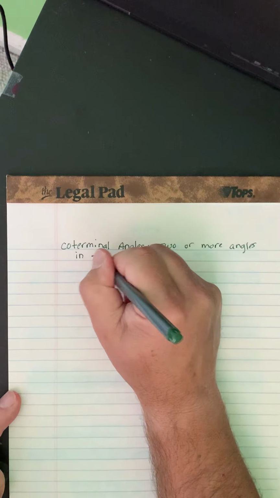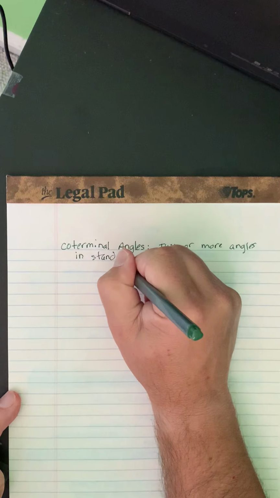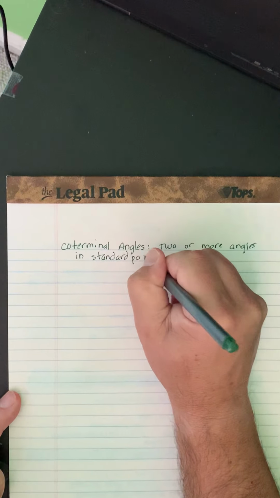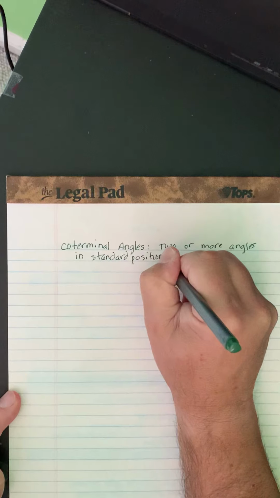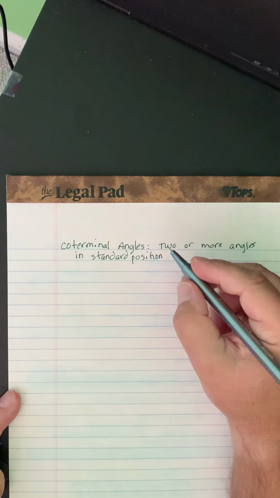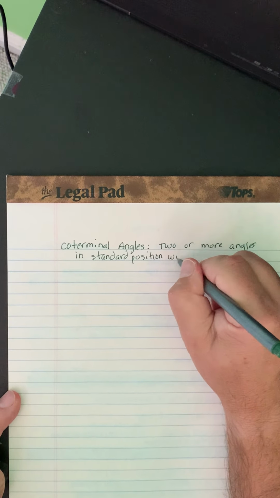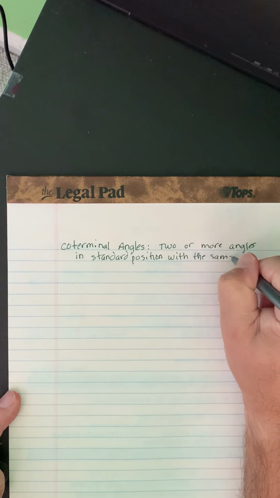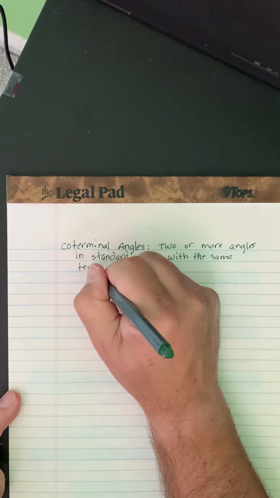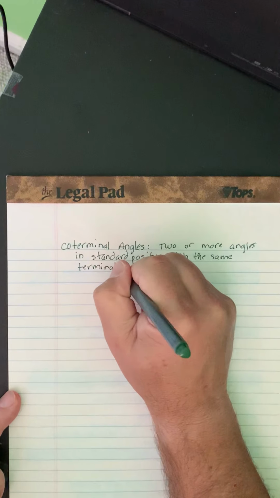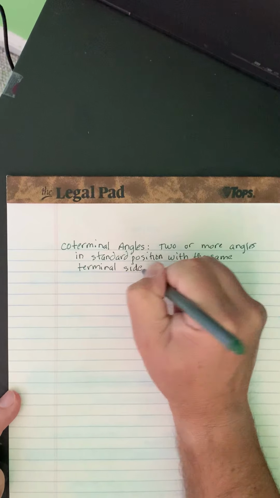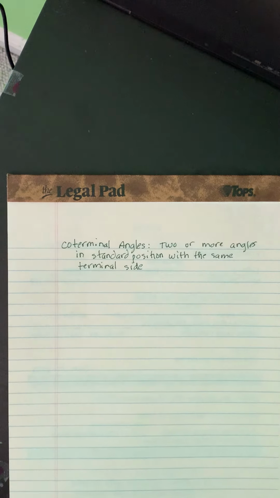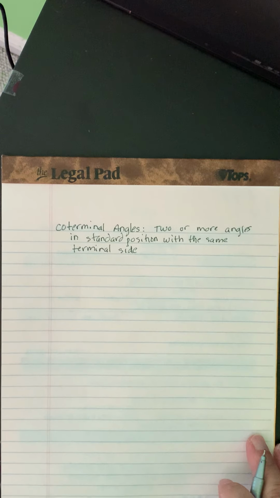They got to be in standard position on the XY, with the same terminal side. That means where they end. Remember, they all start at the same place. Okay, so we're going to look at what coterminal angles are.